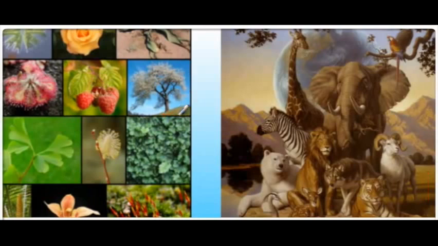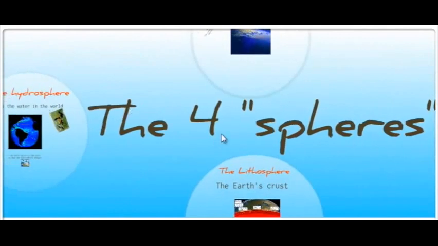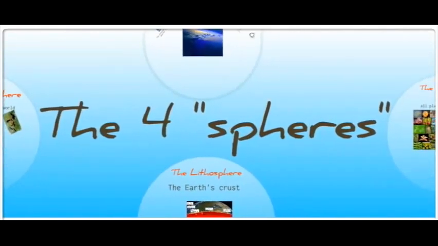The soil in the lithosphere brings forth life in the form of plants, which also allows animals to exist. And then there are forces such as the atmosphere and hydrosphere, all interacting to bring life to this Earth. Oh, how nice. Okay, that's the 4 spheres.